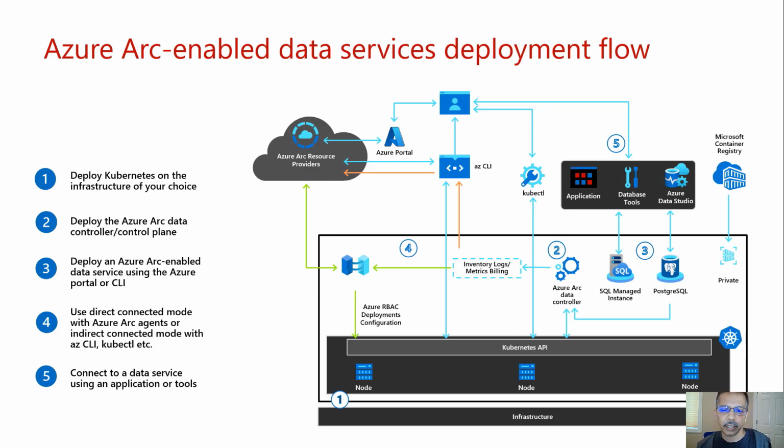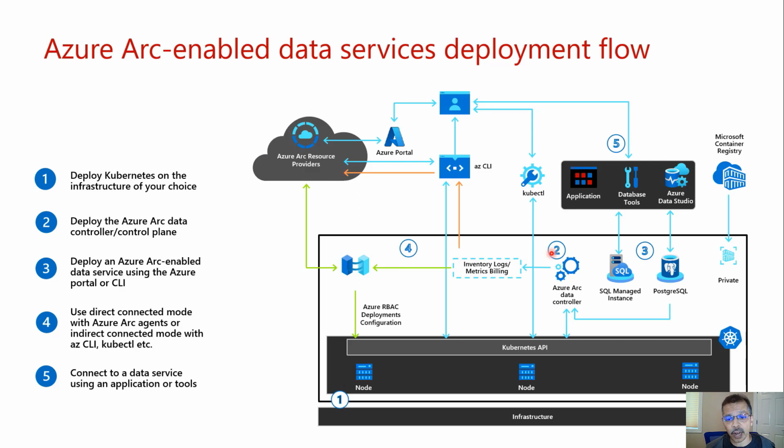or indirectly connected mode. First, you deploy your choice of any CNCF certified Kubernetes distribution or cloud service on the infrastructure of your choice. Next, you deploy the Azure Arc Data Service Controller as a set of pods on the Kubernetes cluster.